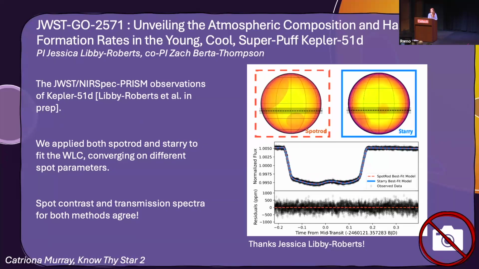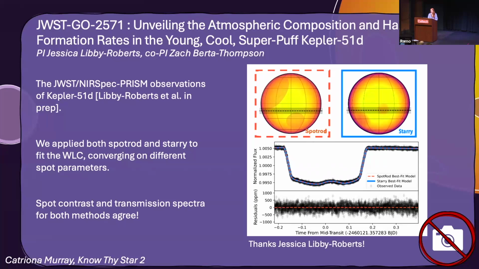Hi, cool work. What's the smallest or least contrast spot that you would need to worry about that would have an impact on your eventual transmission spectra? That's a good question. I wouldn't know without modeling it directly. We put a cutoff in the injection recoveries with starry of 5 degrees because with starry you need a large number of spherical harmonic orders to model that fine a resolution on the surface.